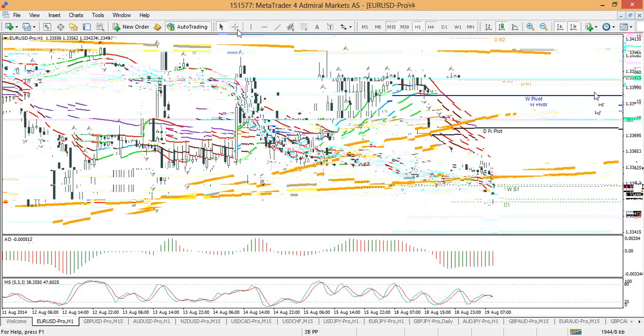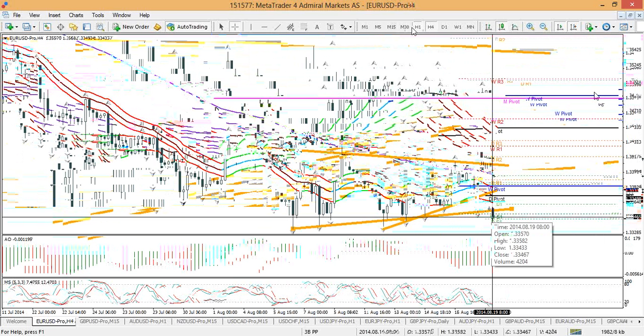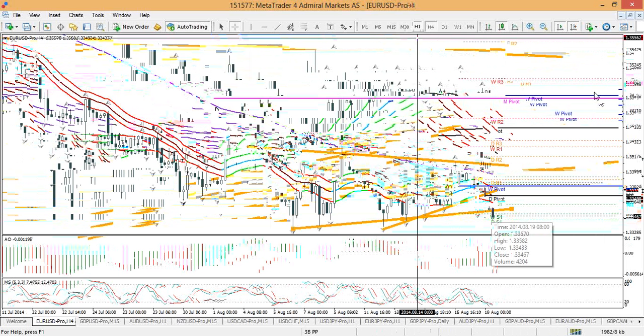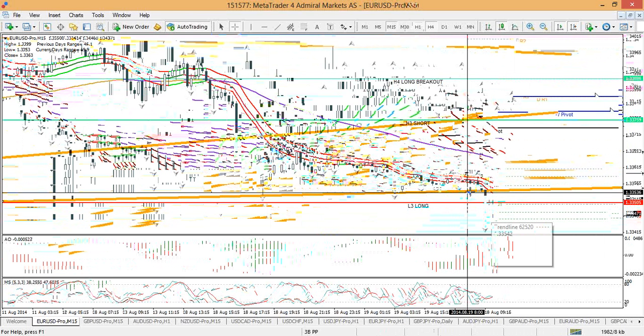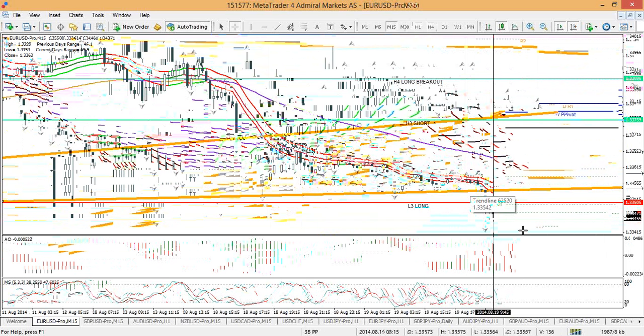The 4-hour candle could have the disadvantage of maybe waiting a little bit longer than you would like. Let's see. This is 8 o'clock, which means still about 2 hours to go before that candle's finished.